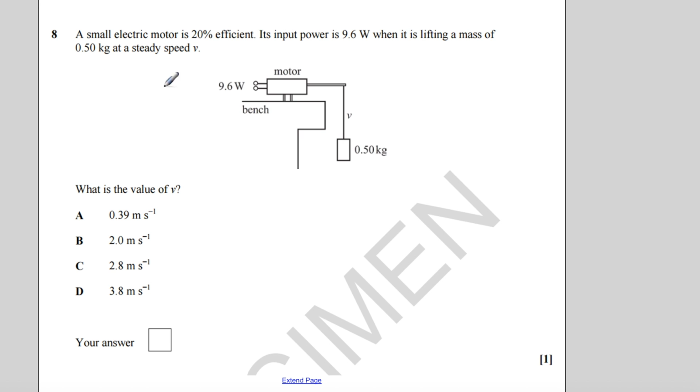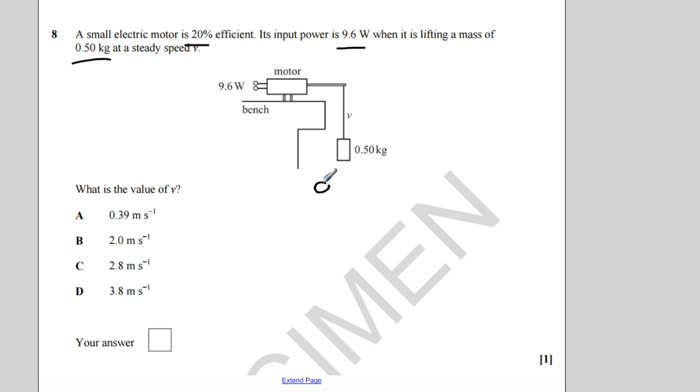Question 8 is about a small electric motor that's got 20% efficiency. This is its power output, and it's lifting a mass of half a kilogram. Something that we should do immediately is take into account this 20% efficiency. So that means that only 20% of the power being used per second here is being done in a useful way.